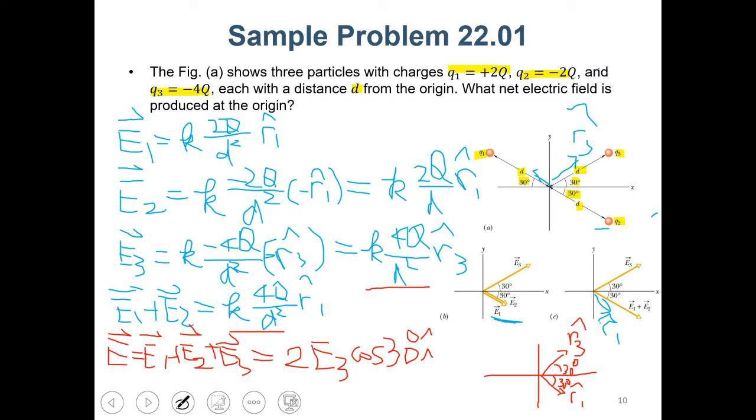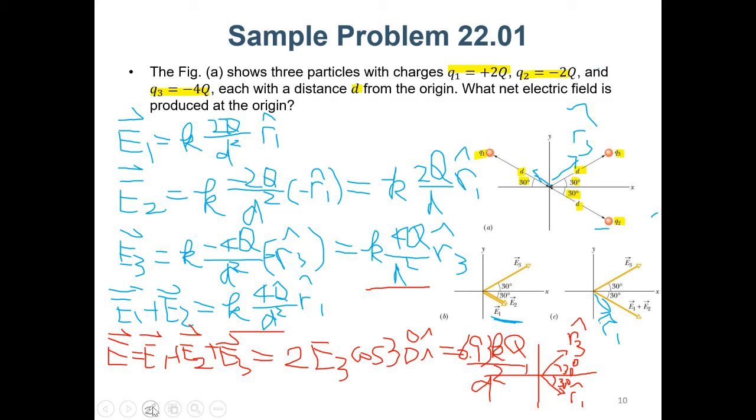So cosine 30 degree is square root of 3 over 2. So actually the answer will be 6.93 kq over d square in the x direction.